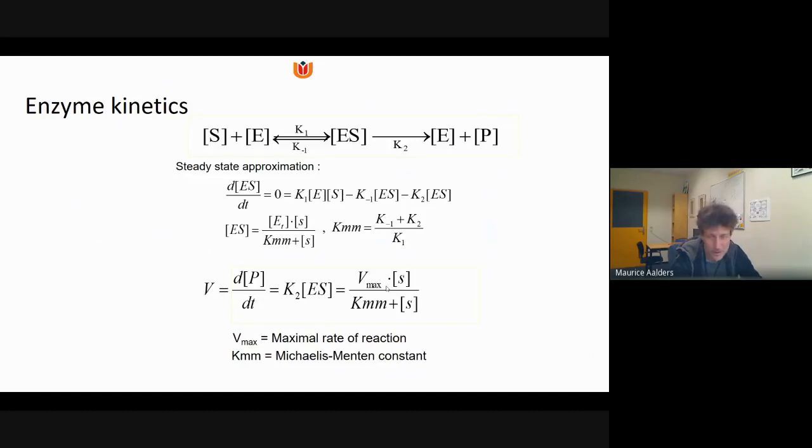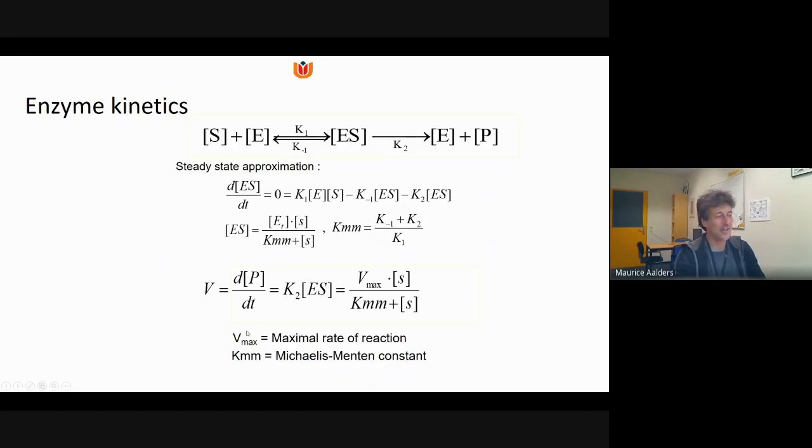Now, this is the conversion of the aminolevulinic acid into protoporphyrin. There's an enzyme kinetics involved in that, which seems to be very complex, but it's a Michaelis-Menten kinetic. It's just the reaction rates that you can work with. And this is basically what you have to look at.